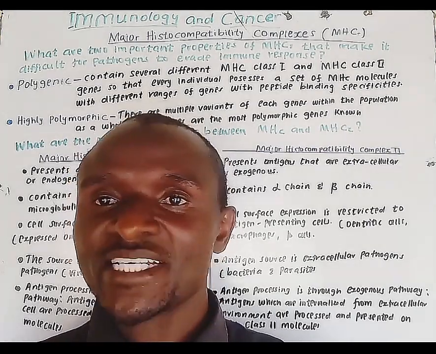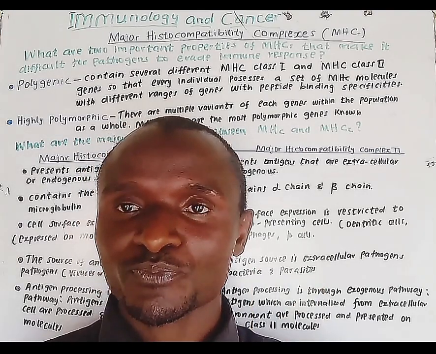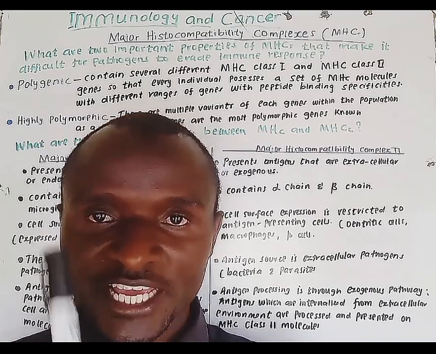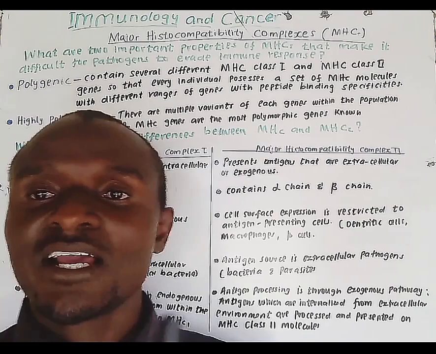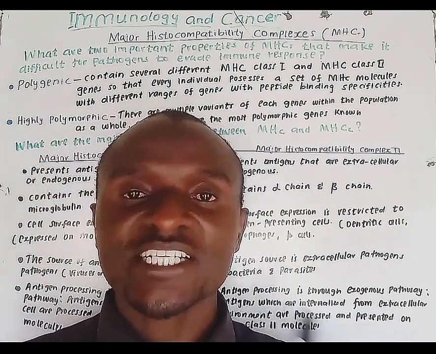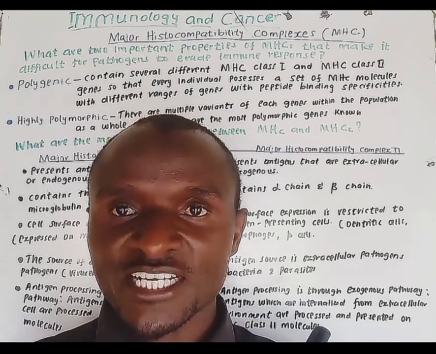So what are the major differences between MHC1 and MHC2? MHC1 presents antigens that are intracellular or endogenous. MHC2, on the other hand, presents antigens that are extracellular or exogenous.